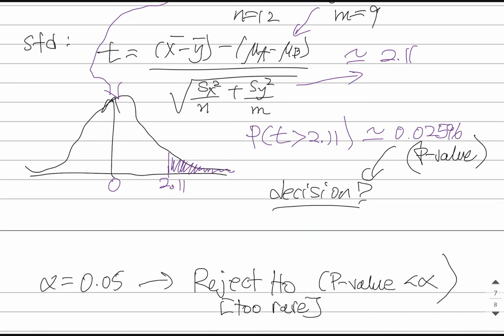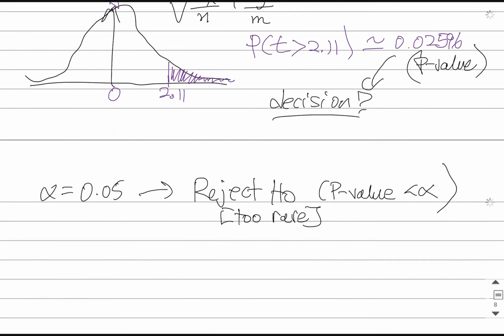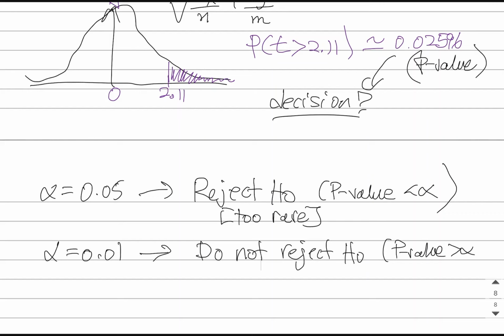It's rarer than 5% of the time. But if you are in the logging industry, you are going to lobby for a much stricter significance level. At the 1% level, we cannot reject H0 because the p-value would be bigger than alpha.